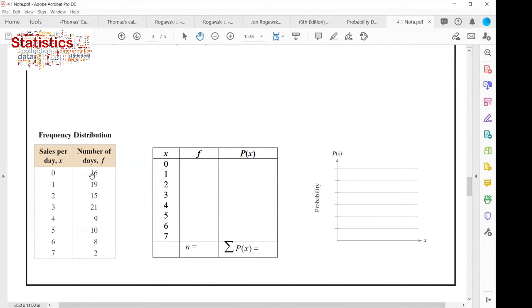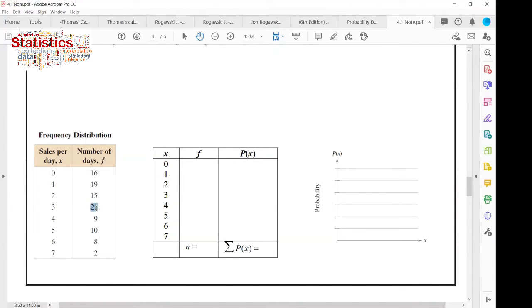The number of days: 16 days that new employee sold nothing, 19 days that employee sold one item, for 15 days, X was equal to 2.